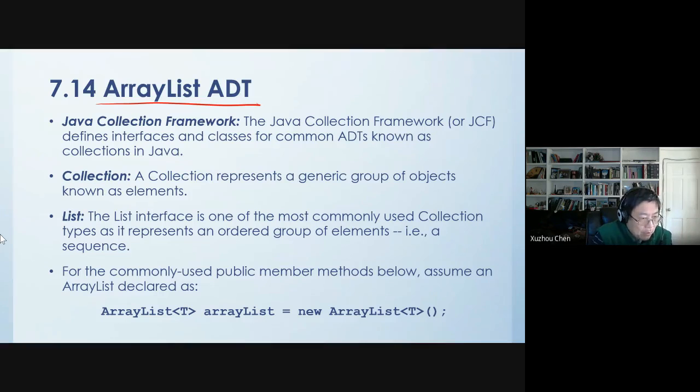And a collection represents a generic group of objects we call elements. So for example, like array list, we create a list of elements. Each element is an object, a reference variable, and we call this a collection. Then we can define some common methods to manipulate these elements.